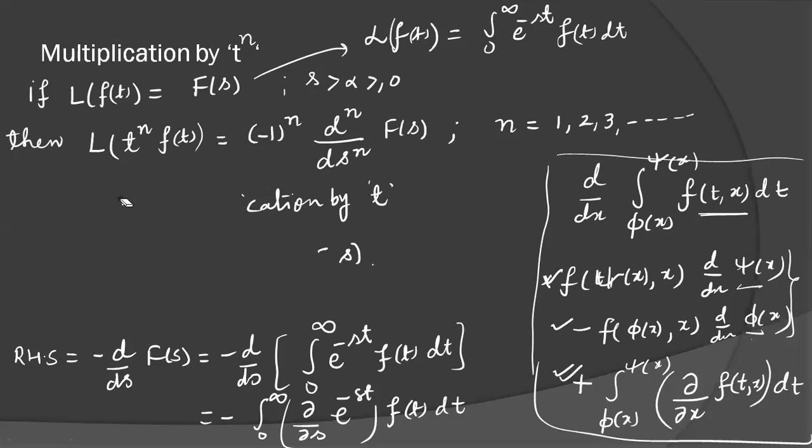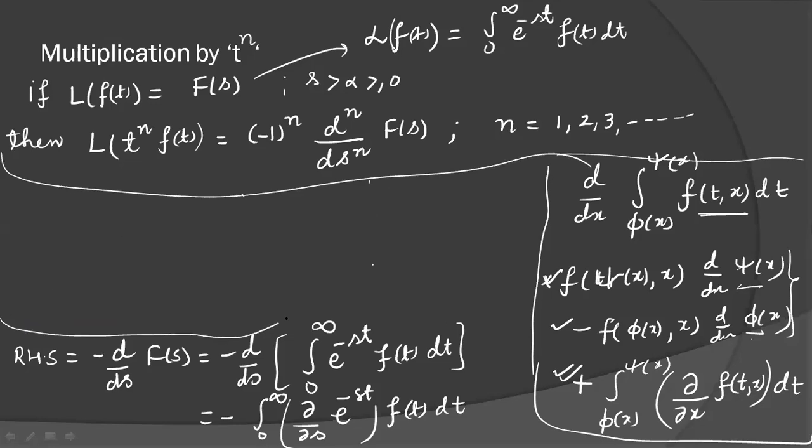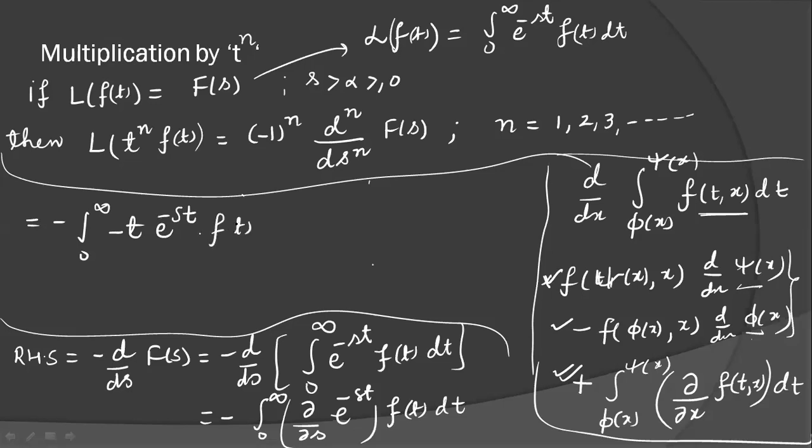So the derivative will look like: minus integral from 0 to infinity of minus t e to the power minus st f(t) dt. So it will be the integral from 0 to infinity of e to the power minus st into t f(t) dt.